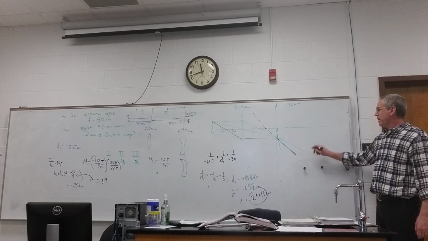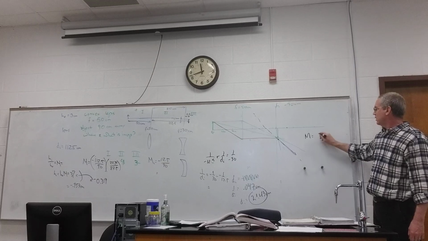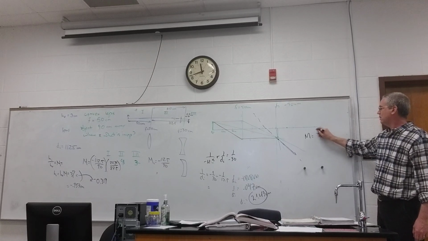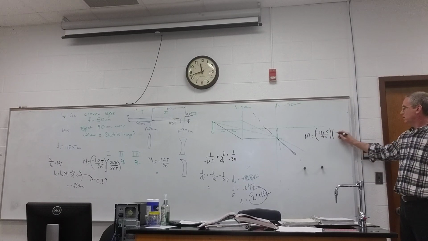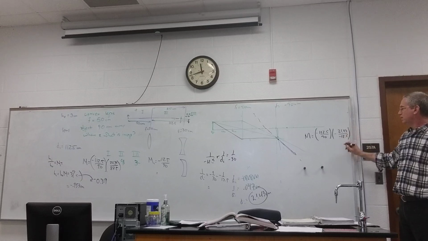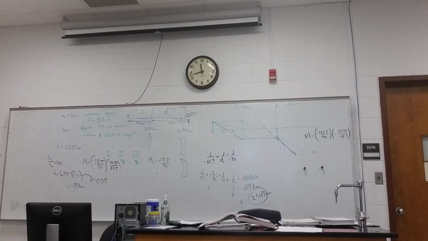So now if we look at magnification, magnification for the first one is negative 112.5 over 90. Magnification for the second one is negative 21.43 divided by negative 12.5. So we ultimately end up with a negative magnification, so it is inverted in the end.